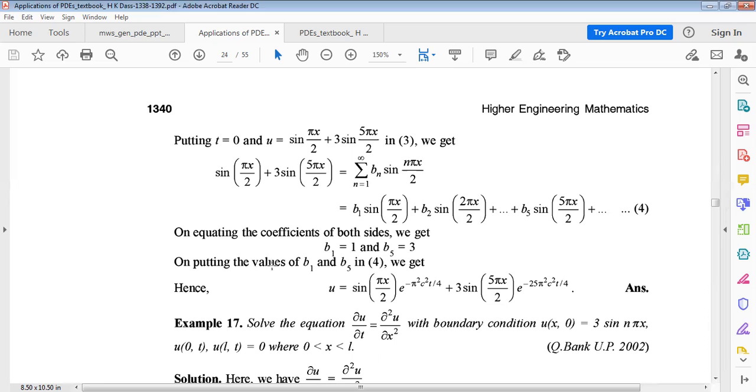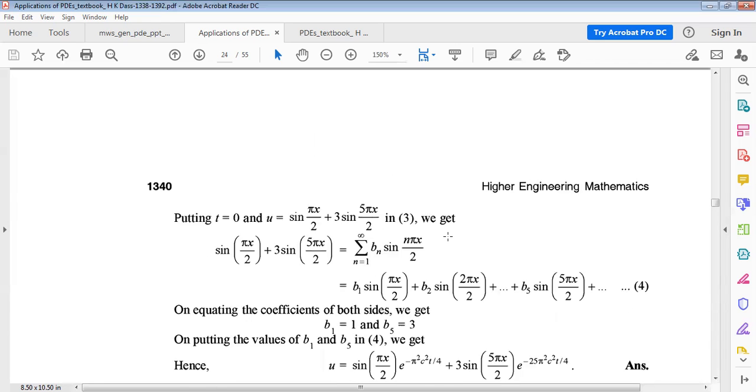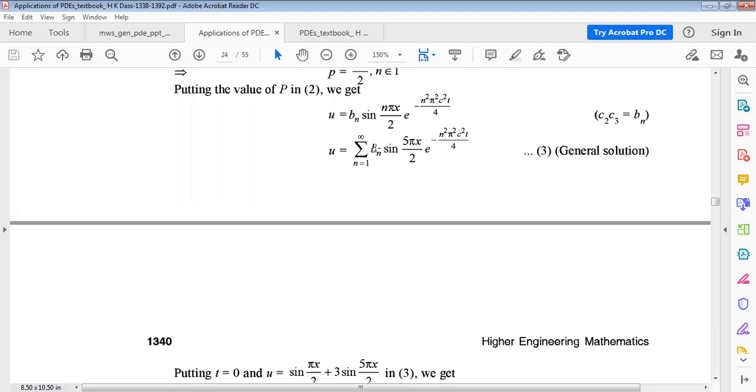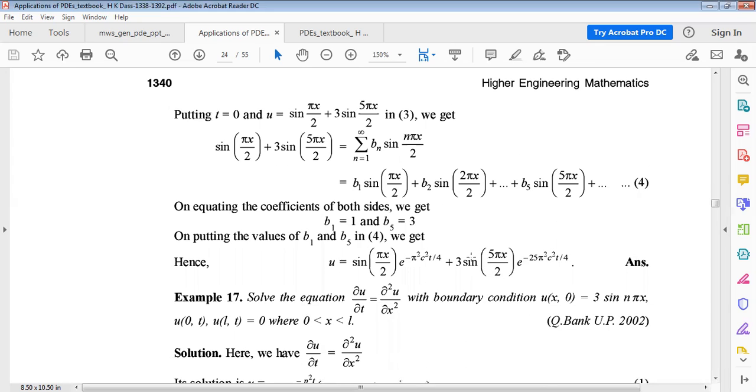Now putting the values of b1 and b5 in equation 4, we get the equation u equals this. Just the b1 value and the b5 value. This is the main general solution, after putting b1 and b5, other terms will be 0.